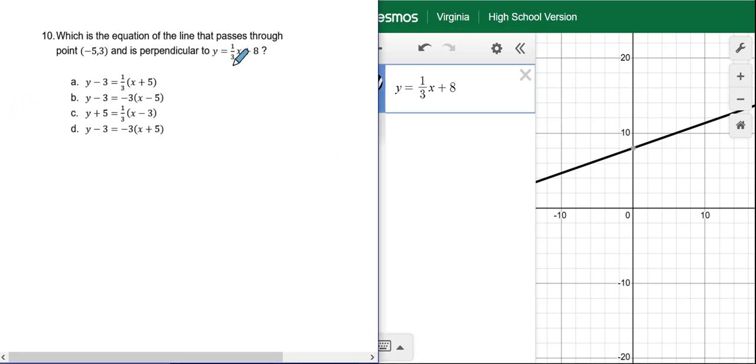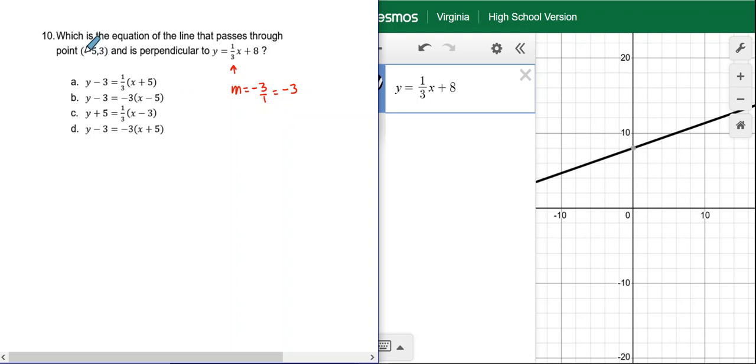For that to happen, I need to have a slope that is the opposite sign. So since this is positive, the slope would have to be negative, and then reciprocal. So the rise becomes run and the run becomes rise. So 3 over 1. So that would just end up being negative 3. So the slope will be negative 3.